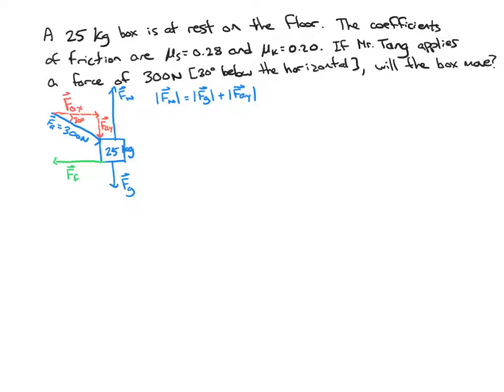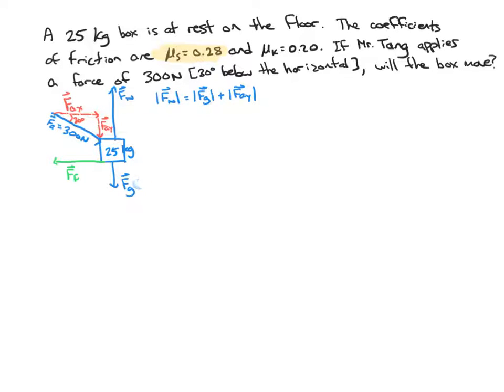Keep in mind we know our coefficients of friction. They're right here. I'm really only worried about the static one. The static coefficient is what I'll use to figure out if this thing's going to move or not. I'm going to start by calculating a few forces in this free body diagram, starting with gravity.